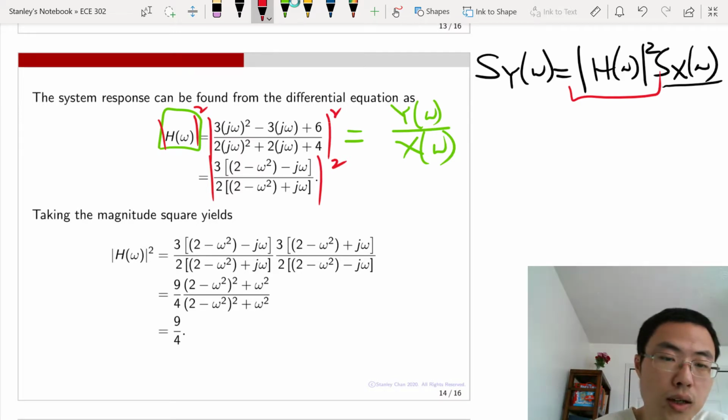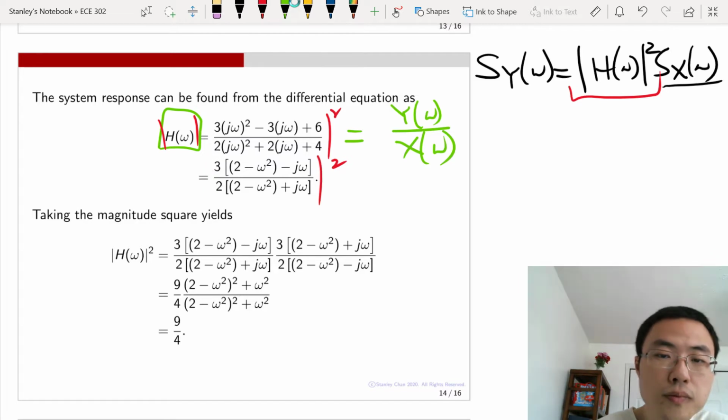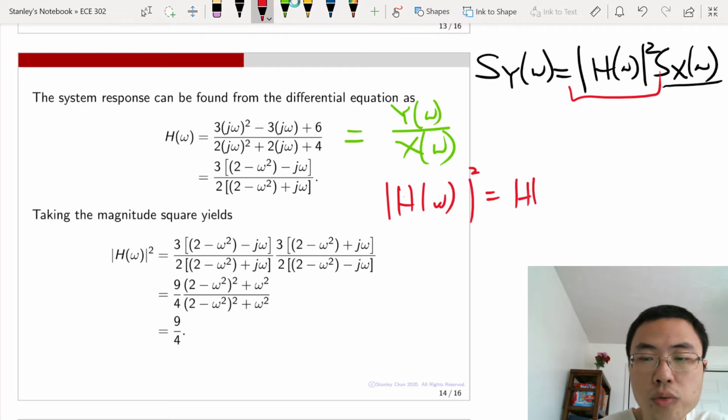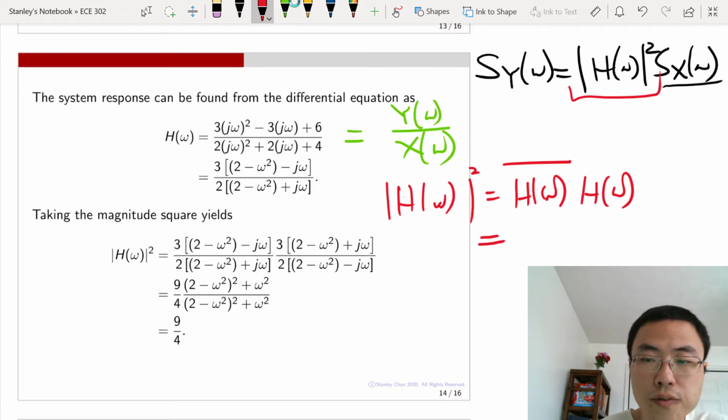You can multiply this complex number by its conjugate. So here is your H(omega). If you want to take the magnitude square, this is equal to H(omega) complex conjugate times H(omega). So you have the original thing, but you now take the conjugate.